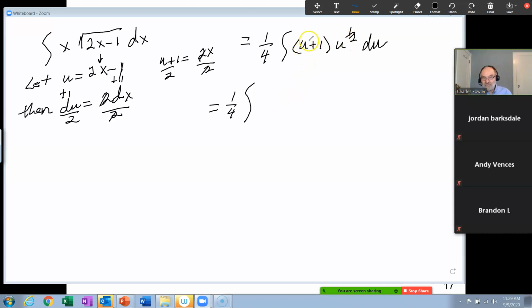So u to the 1 times u to the 1/2 is u to the 3/2, plus 1 times u to the 1/2 is u to the 1/2. That's your du. Alright, in that form, I think probably I could do it, but let's see if you can. Antiderivative of u to the 3/2.